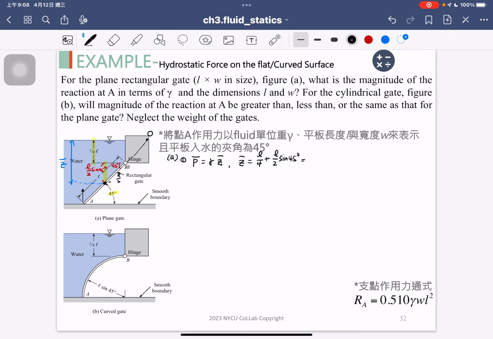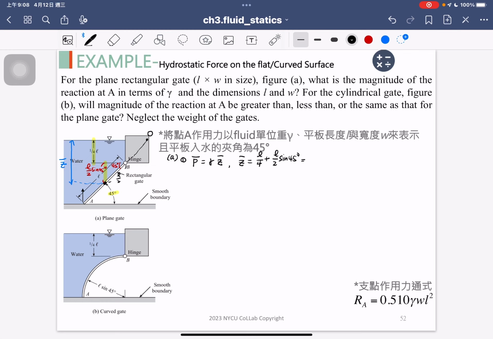Because we don't know the length of the panels, we just keep the L parameter and compute the other answers. So sine 45 degrees divided by 2, plus 1 divided by 4.